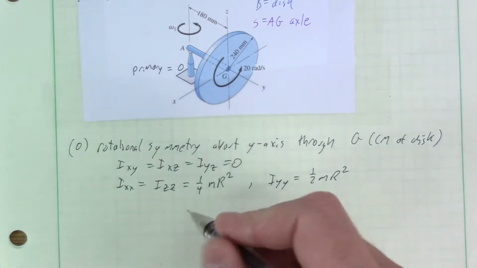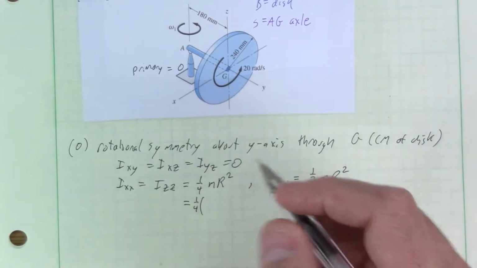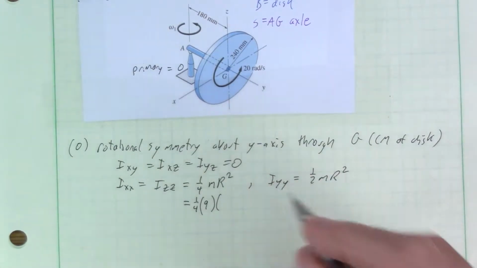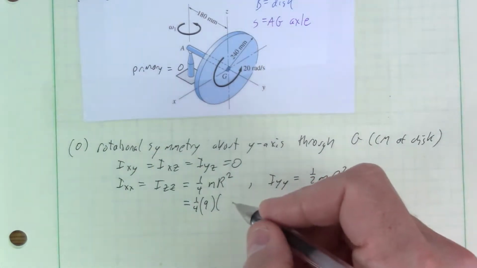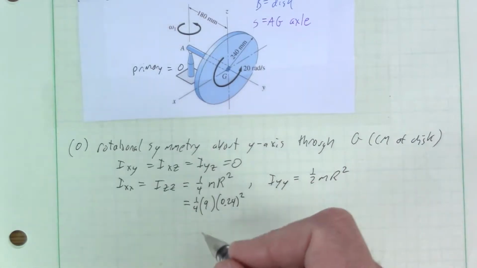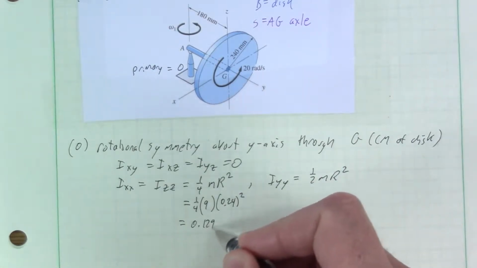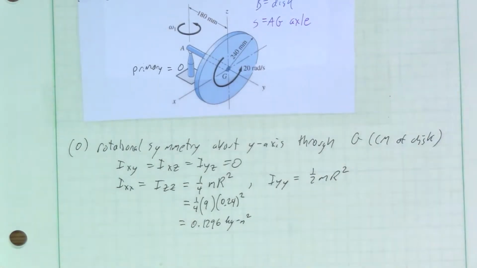Okay, so let's do this here. This then equals 1/4 times the mass is 9 kilograms, and I'm going to write this in meters. The radius is 0.24 meters, or 240 millimeters. That's squared. So this turns out to be 0.1296 kilogram meter squared.